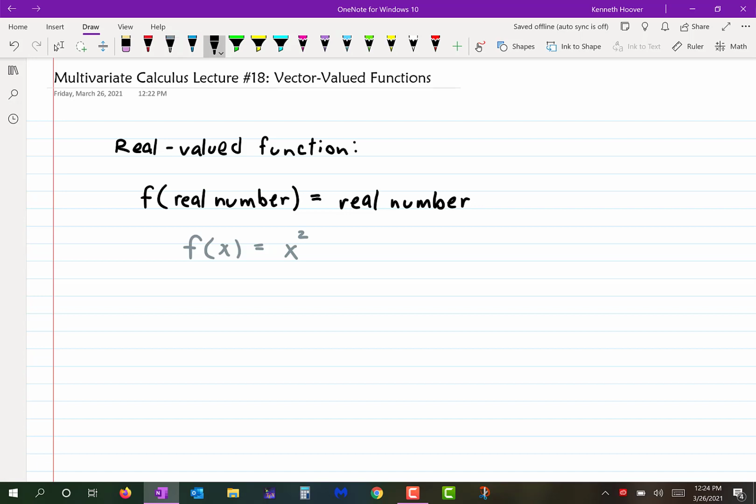A vector-valued function is a function where you plug in a number and you get out a vector.